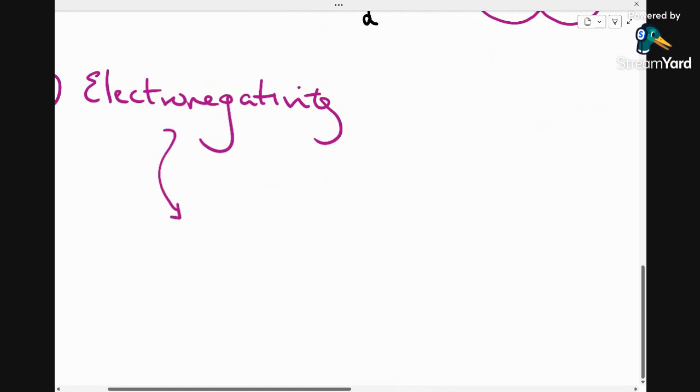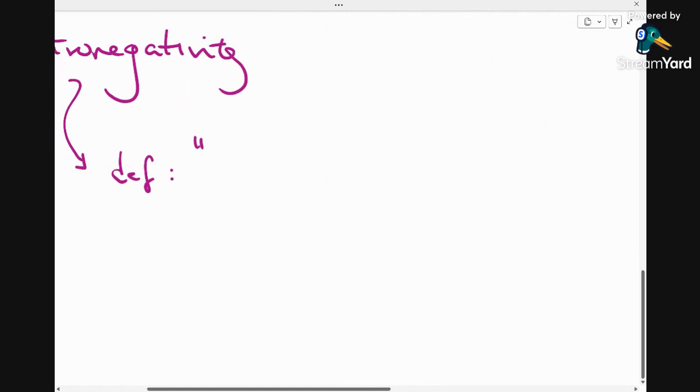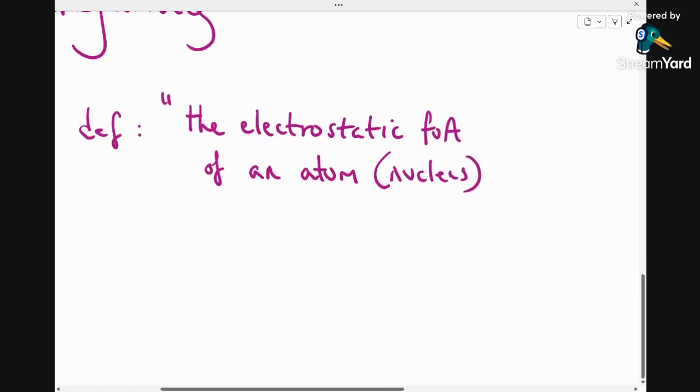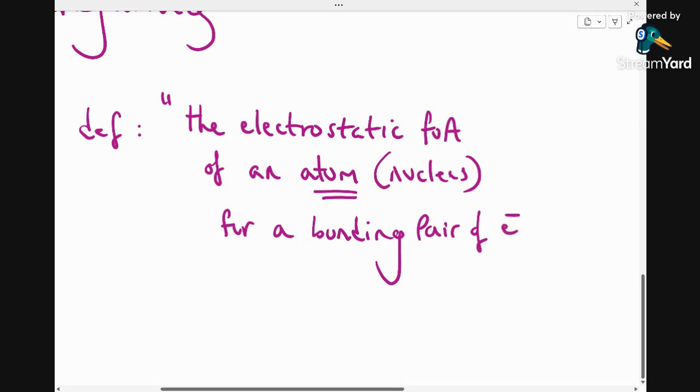So we will start with a definition, which is the electrostatic force of attraction of an atom, technically the nucleus, which we'll get to, but in our case you can just say an atom, for a bonding pair of electrons.